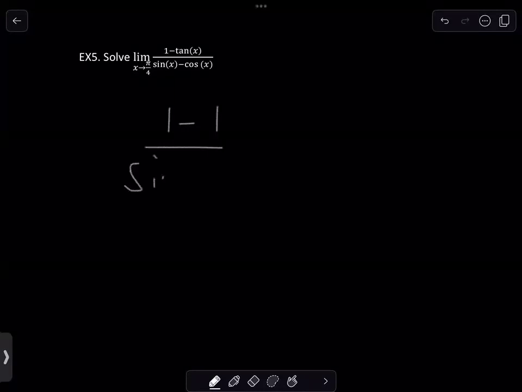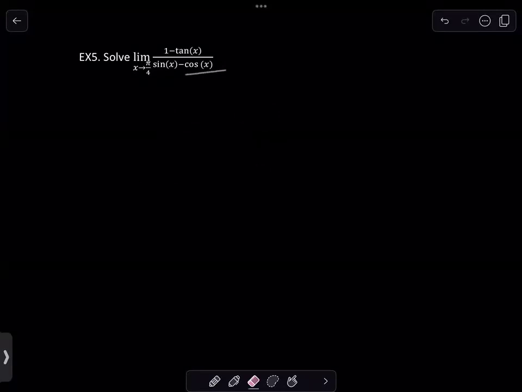And then sine of pi/4 is √2/2, and cosine of pi/4 is √2/2. So in the numerator, I'm going to have 1 minus 1, that's 0. In the denominator, I'm going to have √2/2 minus √2/2, that's also going to be 0.